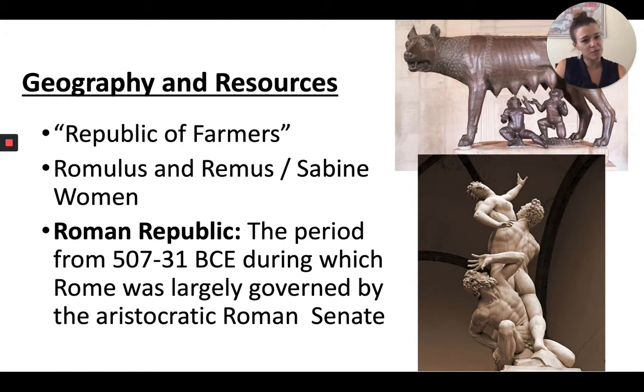Well, how do you build a city without women, right? It kind of puts a damper on family planning. So they go to the neighboring communities and are like, hey, we're nice guys, very handsome, strong, check us out. Why don't you let us marry your daughters? And the neighboring communities are like, no, pass. You're criminals. You murdered your brother, super skeevy.